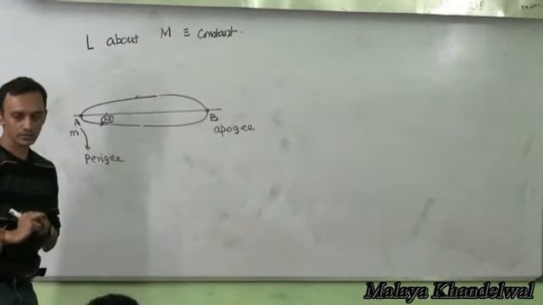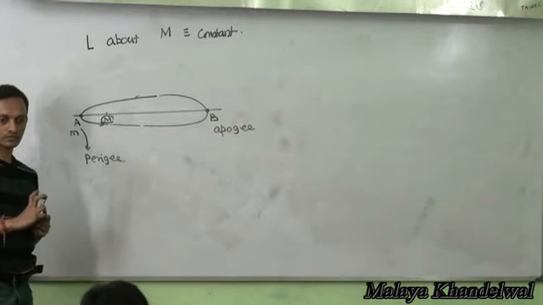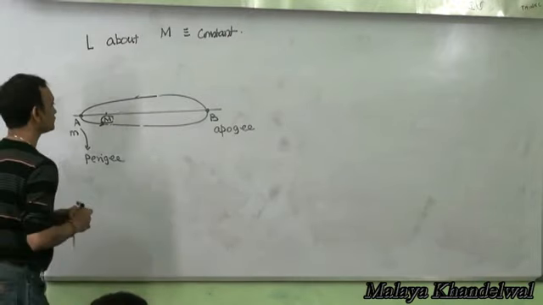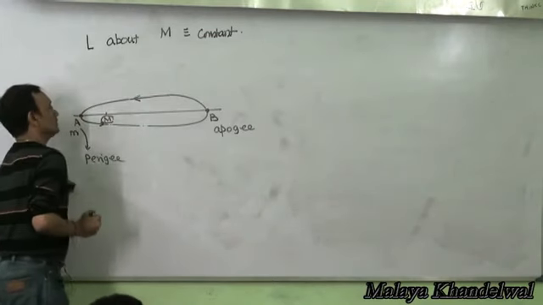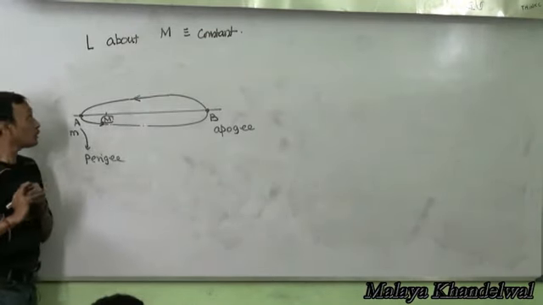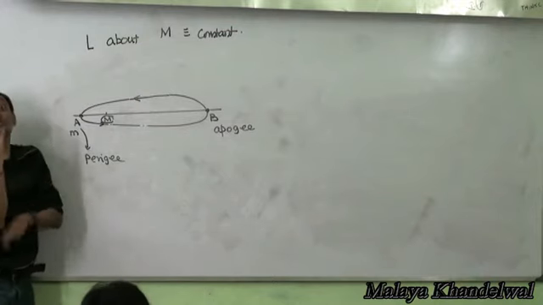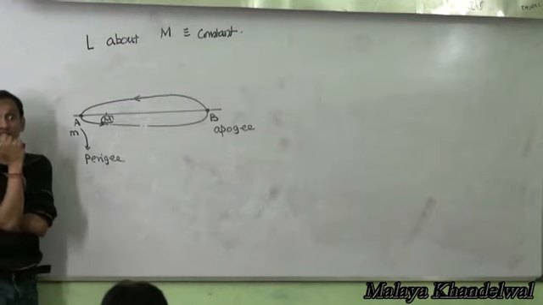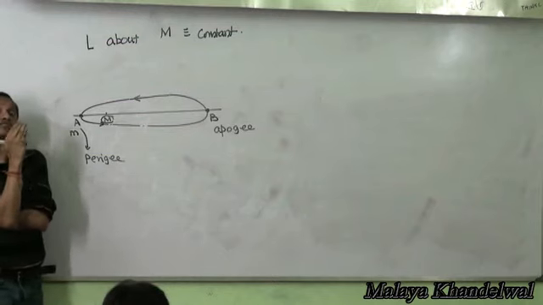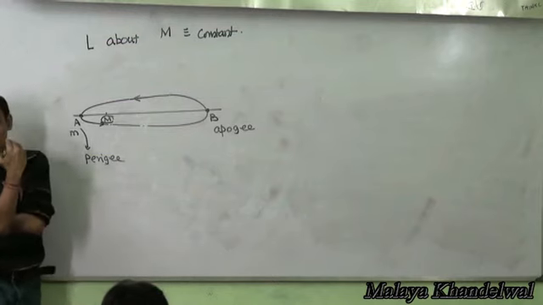Perigee and apogee. Now, when it's closest to the earth, these small r's are the least, right? The small r's are the least. That means it has to have a larger velocity.